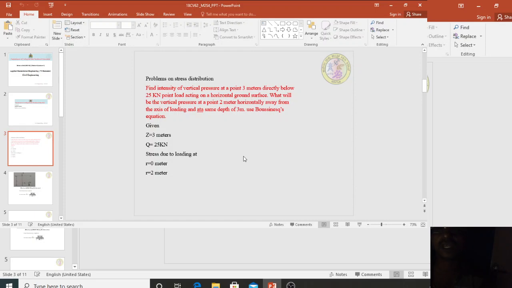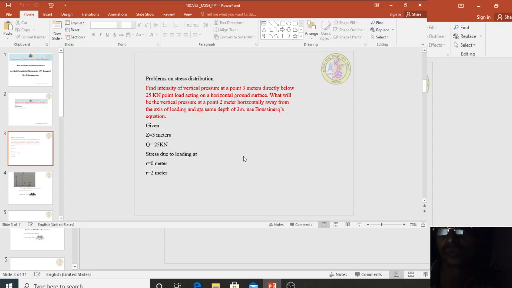That means your R value becomes 0. When your R value becomes 0, obviously R by Z value will also become 0.